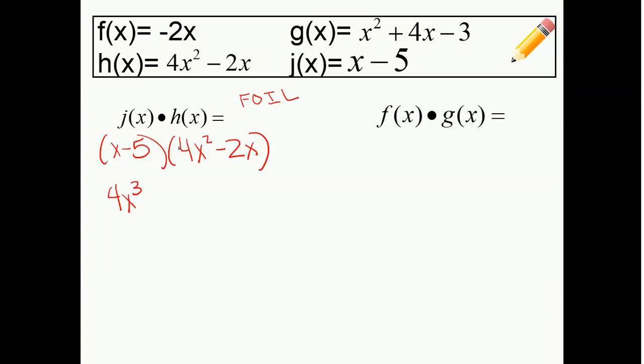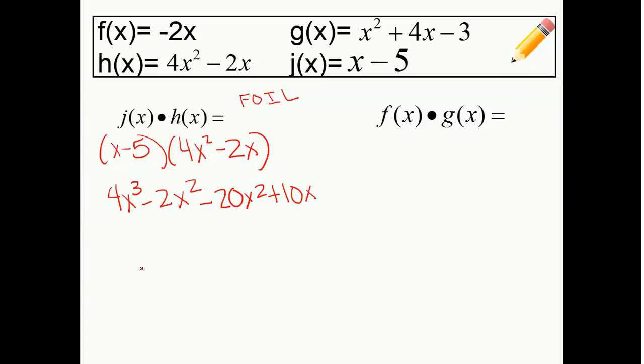So I have my firsts, I'm going to go my outsides now. So x times negative 2x is negative 2x squared because I have one x and an x, so I have two x's. Negative 5 times 4x squared, that's negative 20x squared. And then negative 5 times negative 2x, well, that's positive 10x.